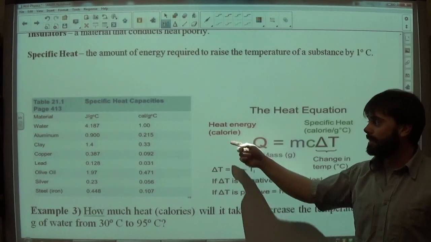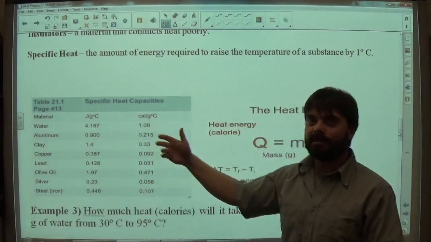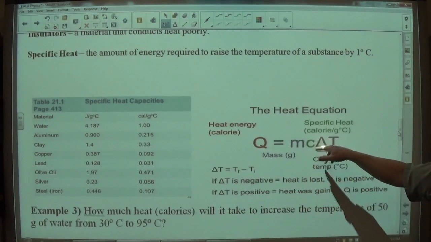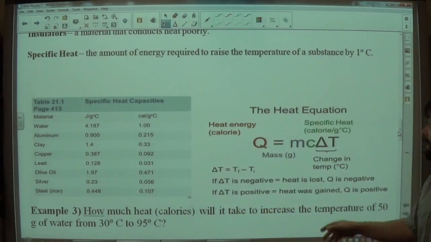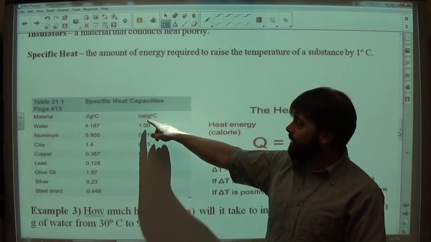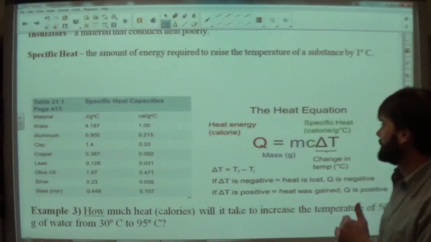It's symbolized by Q, but say we're going to measure this in terms of calories, so we'll focus using the calorie instead of the joule. M stands for the mass of the substance. The C here stands for specific heat, which would be coming from this table. And then delta T, of course delta meaning a change, and T being the temperature. And you can almost tell by looking at the units here, a calorie divided by a gram degree Celsius.